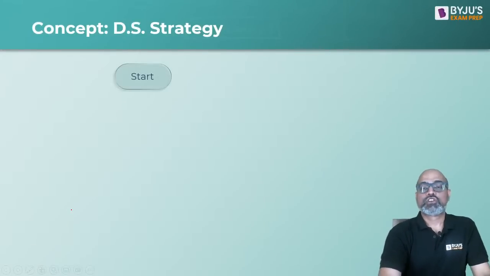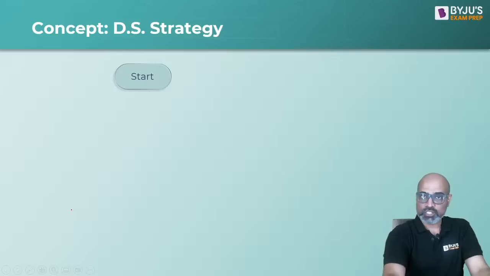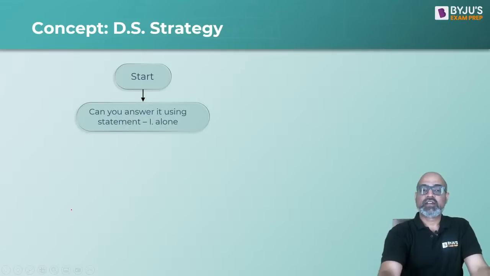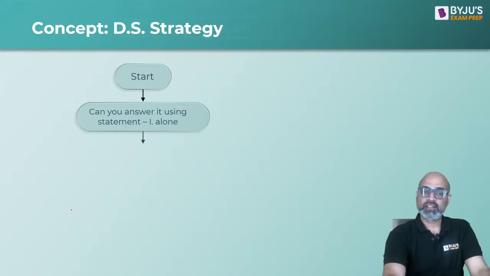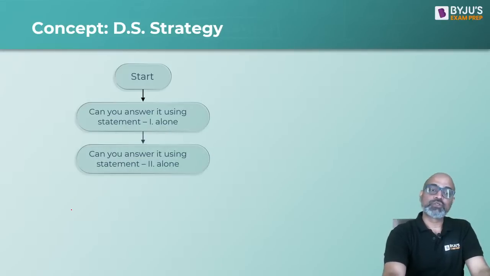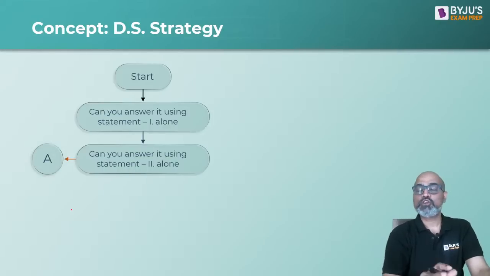Okay, so what you do in data sufficiency, you start reading the question and then the statement. Can you answer it using statement 1 alone? Then can you answer it using statement 2 alone? Then you mark A. So when do you mark A?